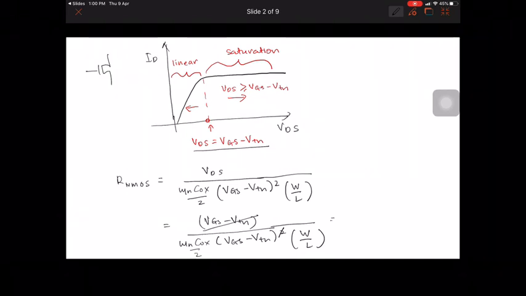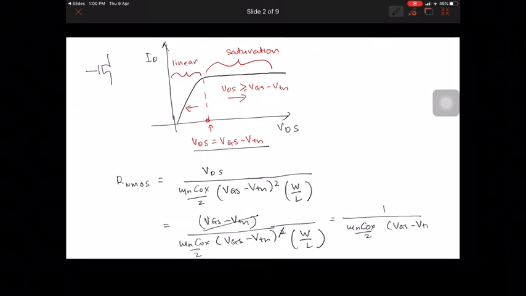It only becomes 1 over mu n COX over 2 (VGS minus VTN) W over L. Okay, so we have established that fact.